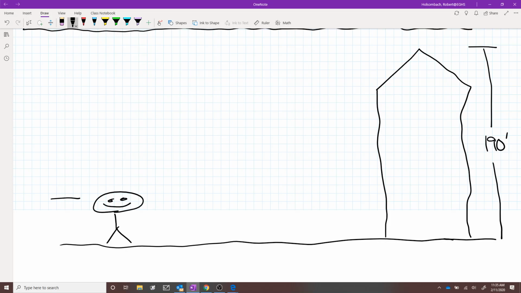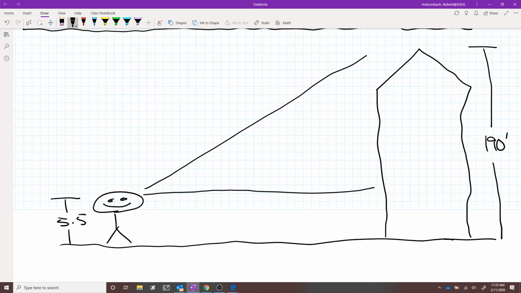She's 5.5 feet tall, and she's looking up at the top of this castle. And she's forming an angle of elevation of 38 degrees. They're asking how far is she from the castle. So we're going to take this information that's given and form a right triangle.